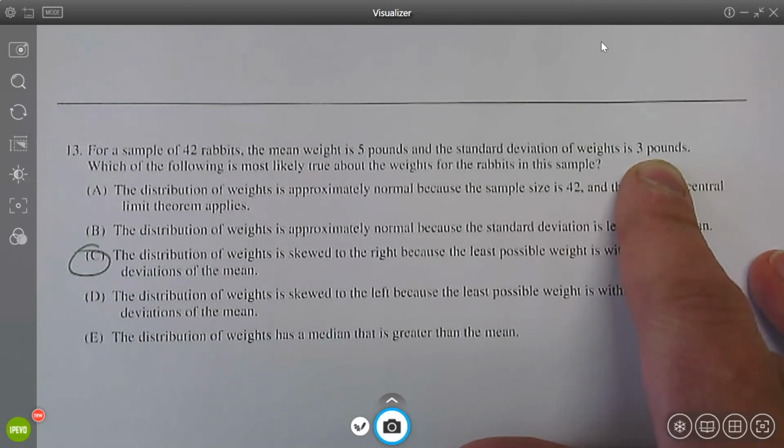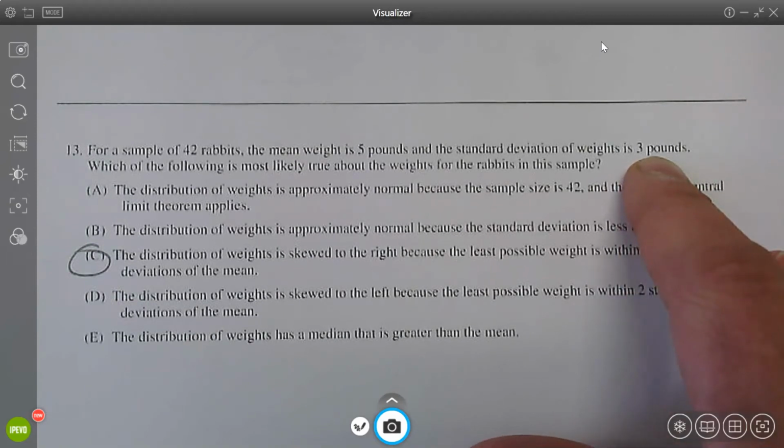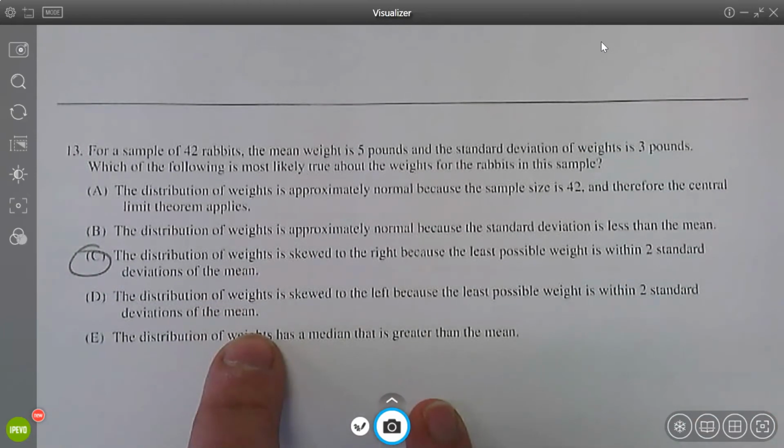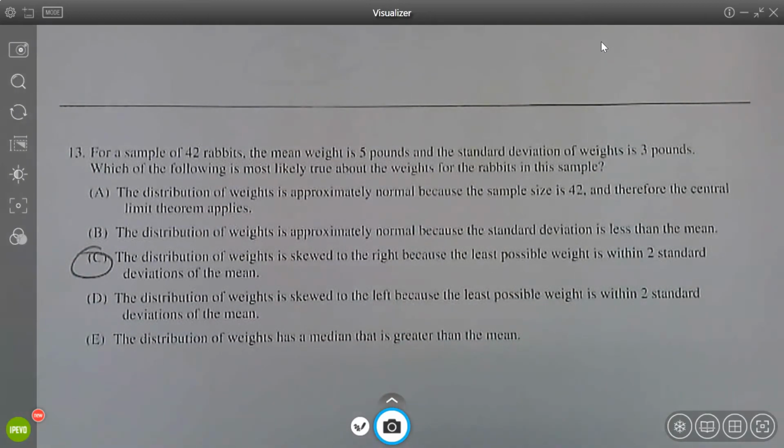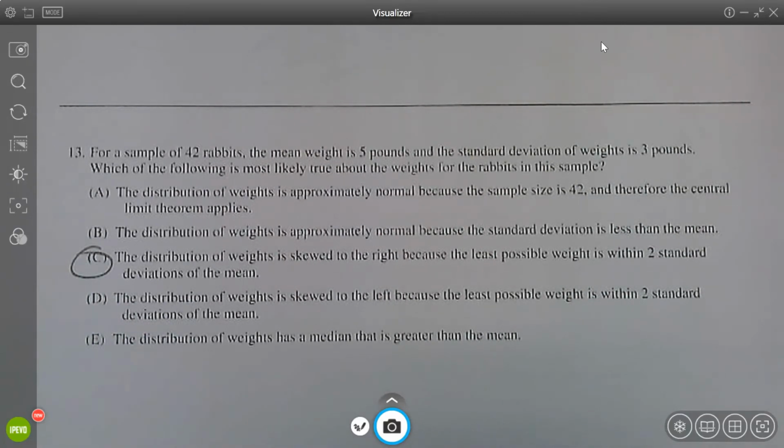So this distribution is not approximately normal. That leaves C and D. The least possible weight is within 2 standard deviations from the mean. So you're going to have a bulk of the data below the mean and some bigger values above the mean, but not many of them. So this distribution is going to be skewed to the right.